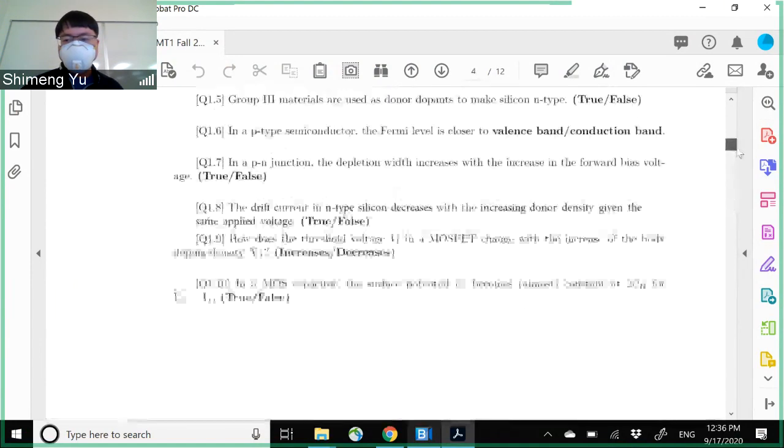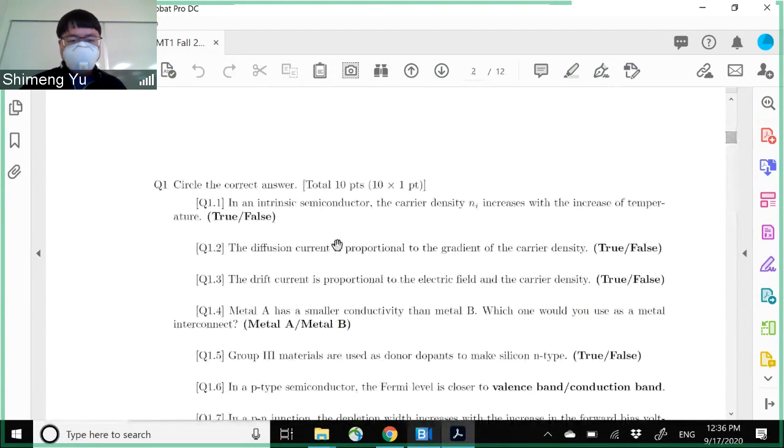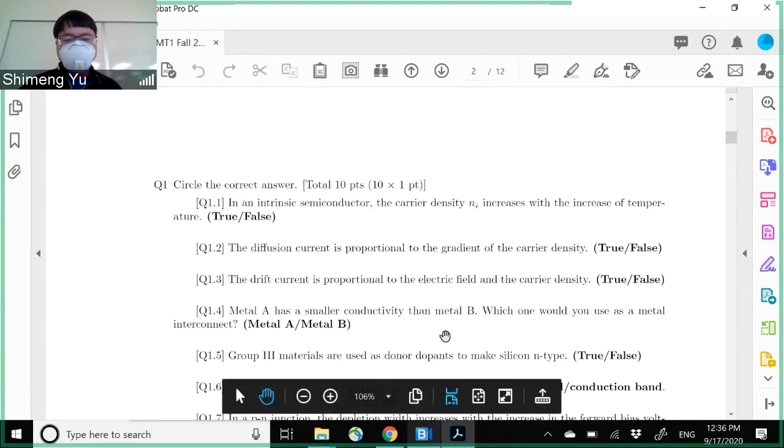Let's go to the second one. The diffusion current is proportional to the gradient of the carrier density. Okay, so how about this one? Let's say 20 seconds.